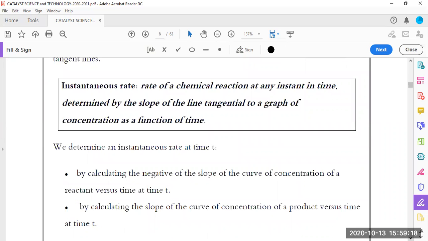So instantaneous rate of a chemical reaction, the rate of a chemical reaction at any instant in time, determined by the slope, remember the slope of the line tangential to a graph of concentration as a function of time.